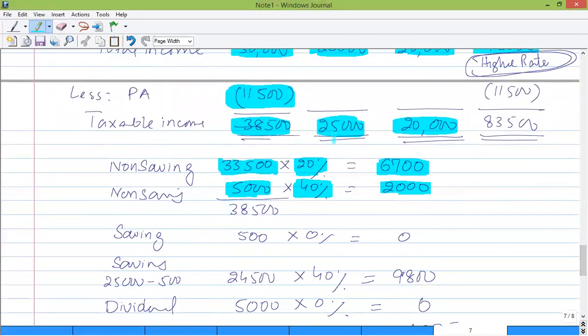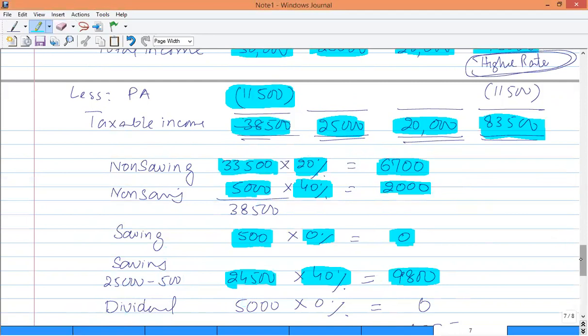Now saving income was 25,000. As the individual is a higher rate taxpayer, the nil rate band is available on the first 500 of saving income, not on 1,000. The remaining saving income, 25,000 minus 500, which is 24,500, is taxed at the second rate of saving income, that is 40%.